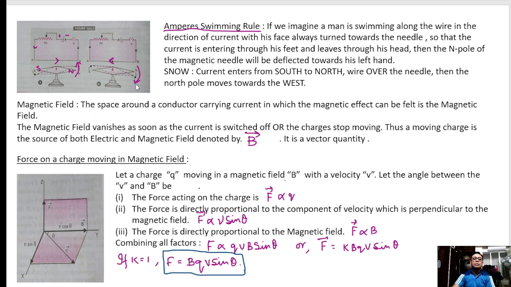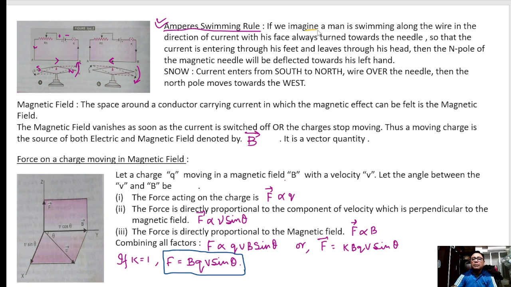So how to find the direction of this motion when current is flowing through the wire AB? Ampere's swimming rule is our point of discussion here, because it tells us how to find the direction of this motion.